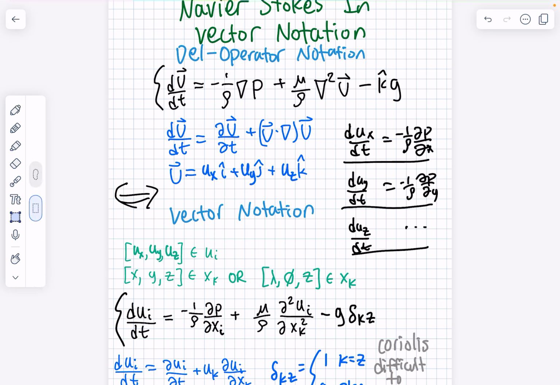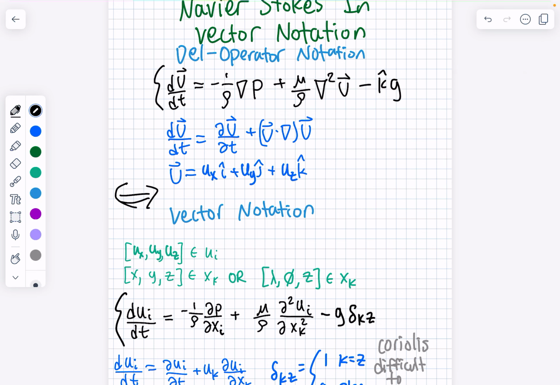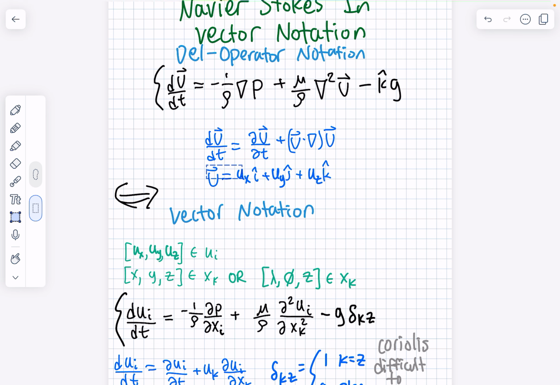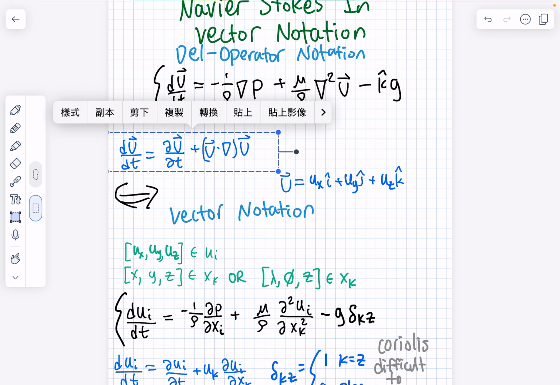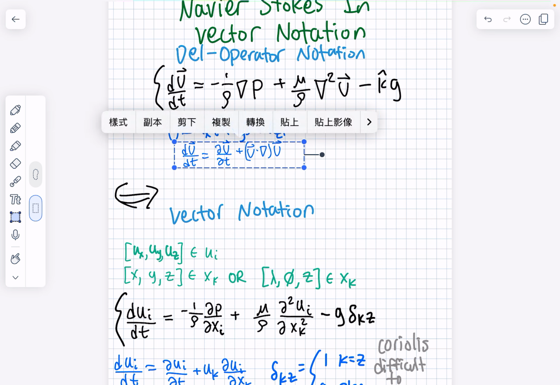Right? So we use this del operator, which basically looks like this. I'll write it down. Let me just move this around. This goes here. This is actually next.